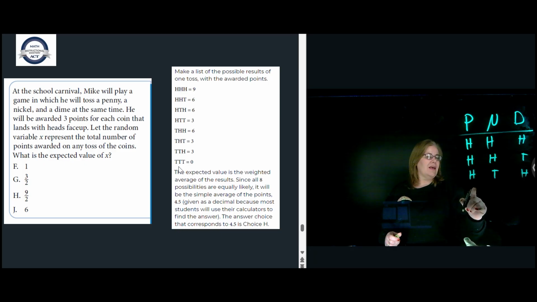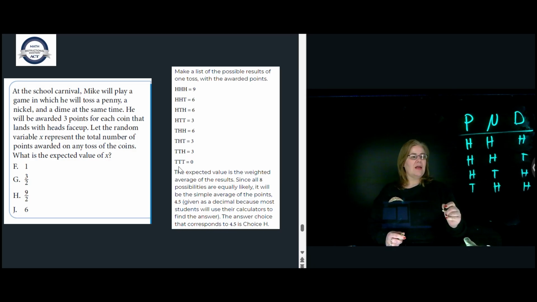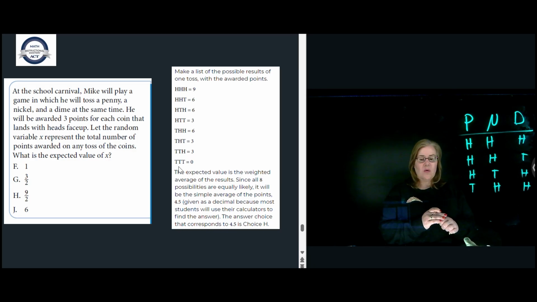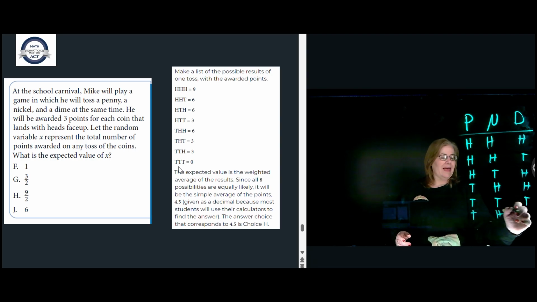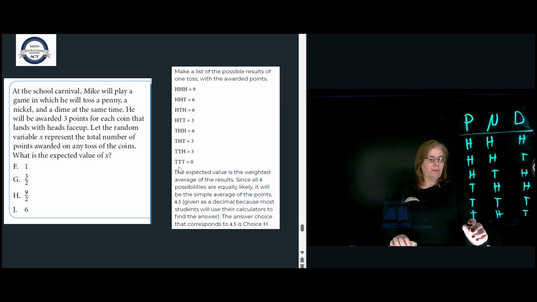Or I can get a tail, a head, and a head. Now, I can also look at a tail, a tail, a tail, a head, and a tail, a tail, and a head.